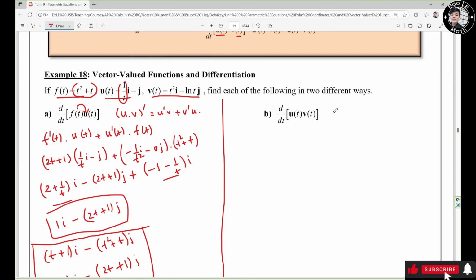So you have u times v prime, which is going to be u prime v plus v prime u.